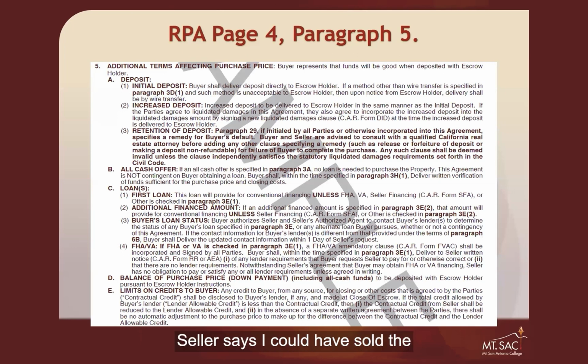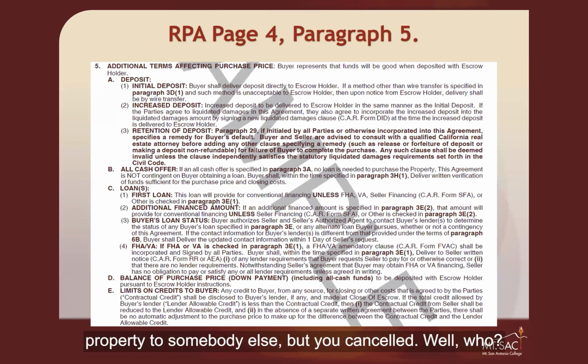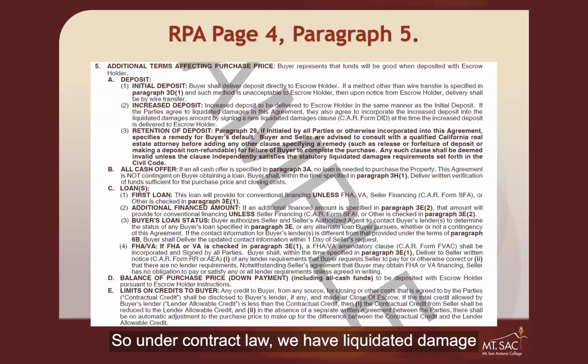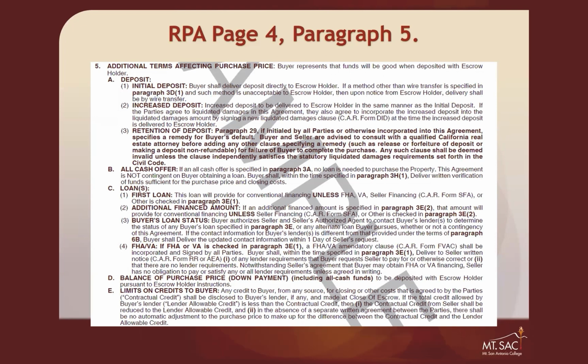You know, the seller says, well, I could have sold the property to somebody else, but you canceled. Well, who? Well, I don't know. That's speculative. So under contract law, we have a liquidated damage clause. So the seller knows what they're entitled to if that buyer breaches the agreement and the liquidated damage clause is included. So what is the buyer breach?